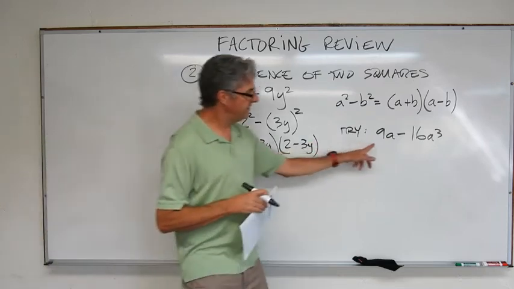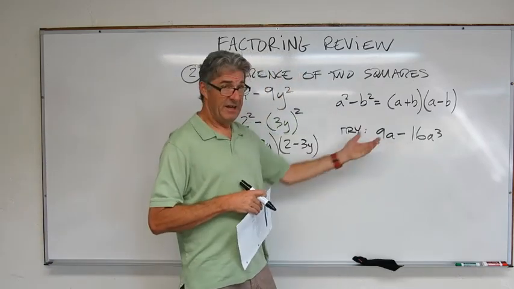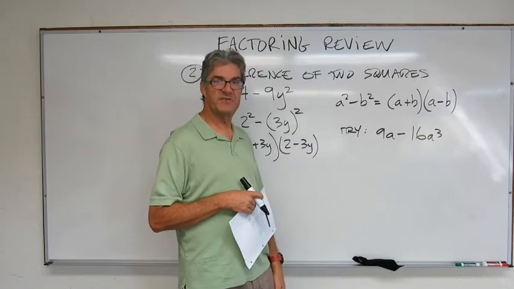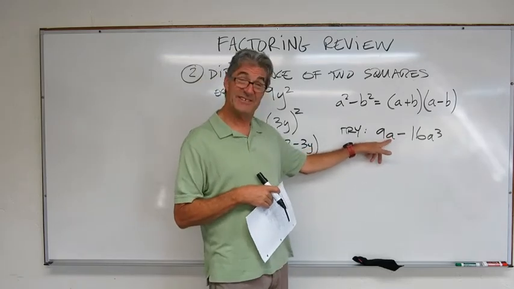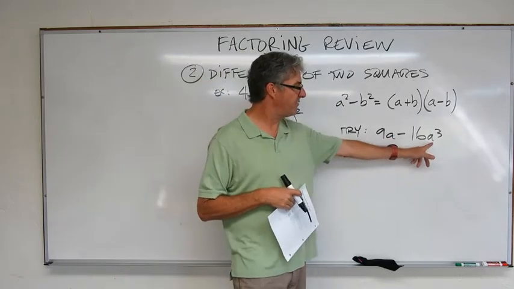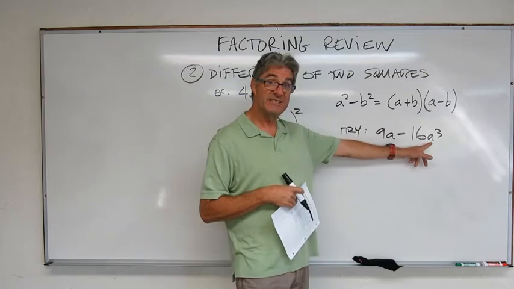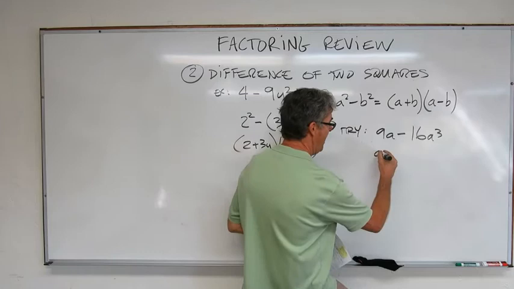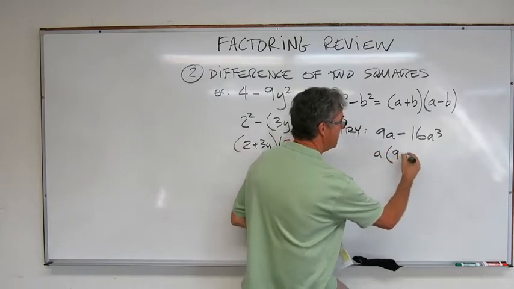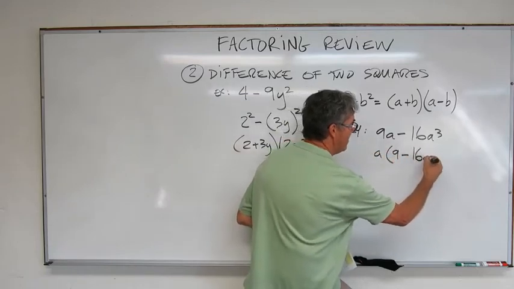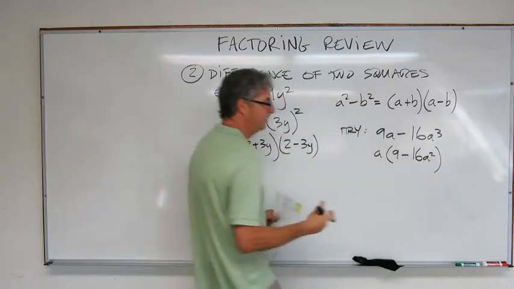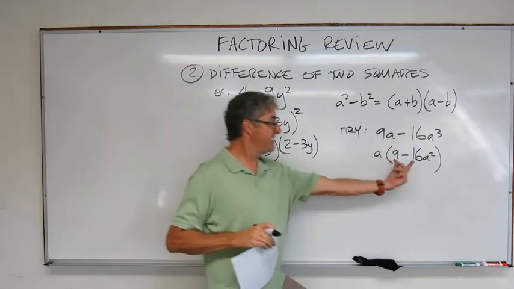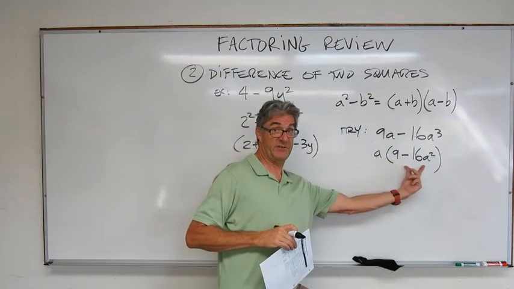So if you looked at this, it's hard to see whether it's a difference of squares because I have an a there. That's not a squared. But I've got 3 here. So I can take out an a as a GCF. So this becomes a times 9 minus 16a squared. Okay? Now this is a difference of squares.